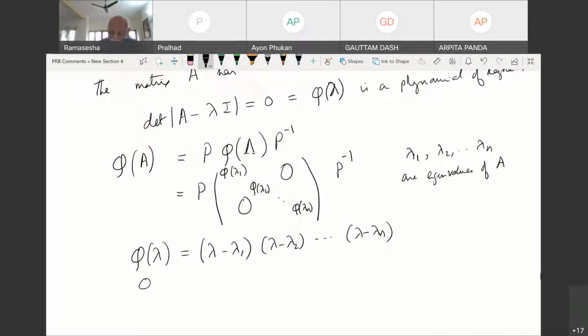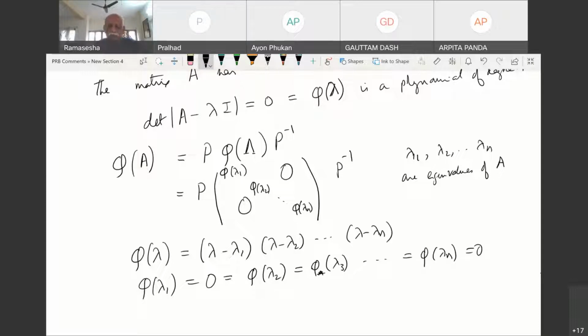And so what happens to P of lambda 1? What is the value when you put lambda equal to lambda 1? 0. P of lambda 2 is equal to P of lambda 3 is equal to P of lambda n. All of them are 0, right? Okay.